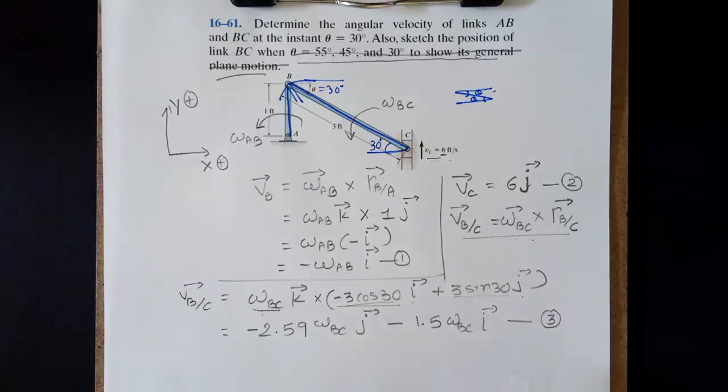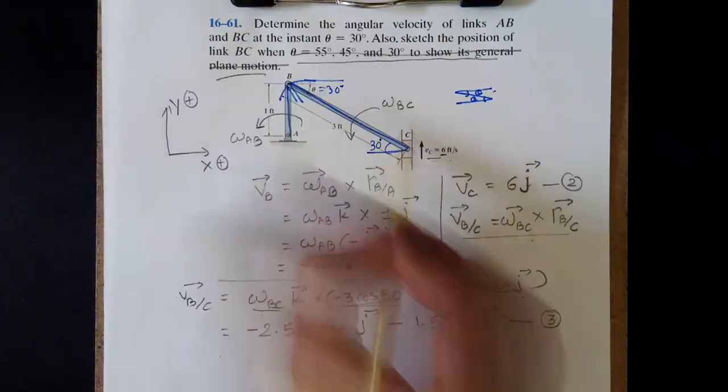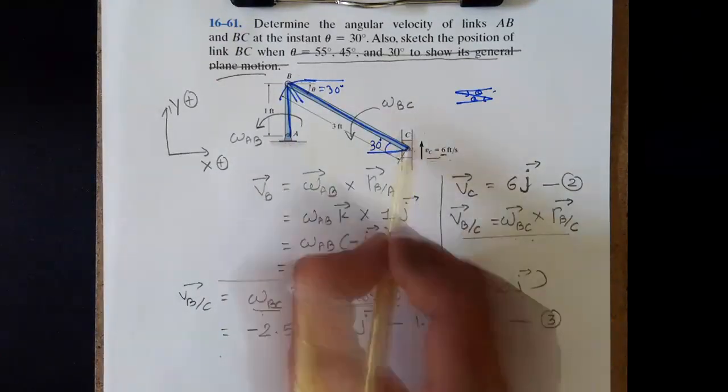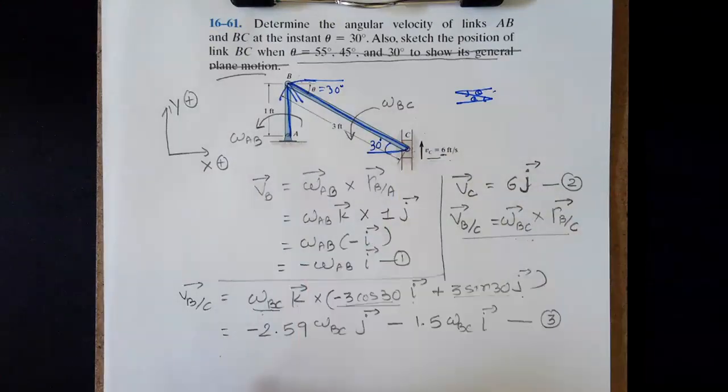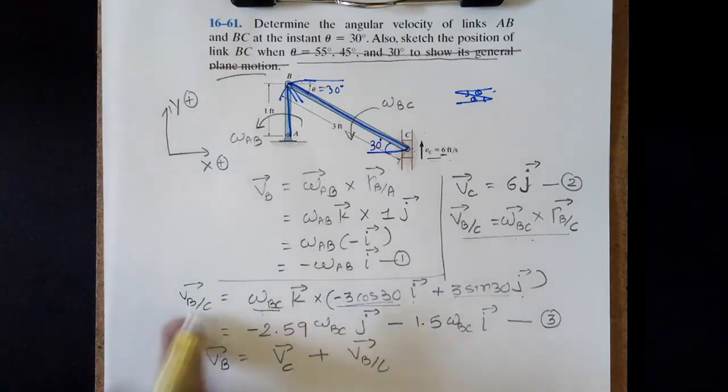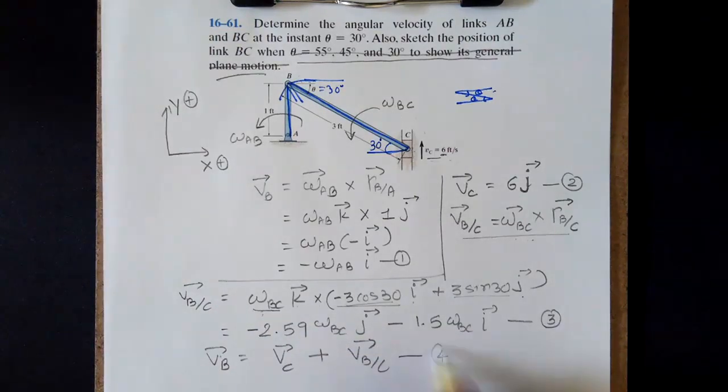So we can substitute, and now we can write this equation for the absolute velocity of B from C. That velocity of B is nothing but velocity of C, because C is moving, plus velocity of B relative to C. So that's here, and this is our fourth equation.